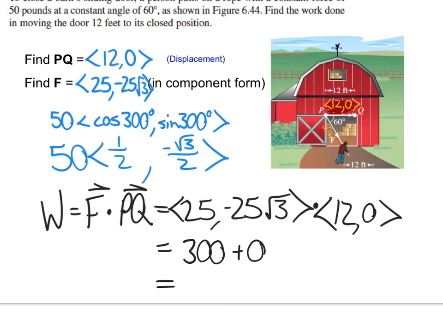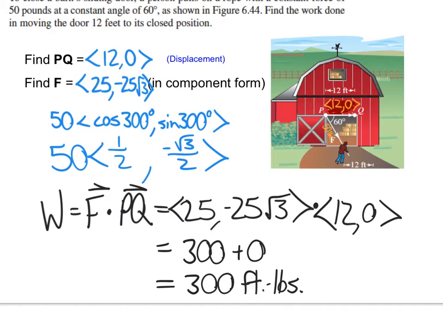What's our unit of measure? Foot-pounds, because we were pulling it 12 feet with 50 pounds of force.